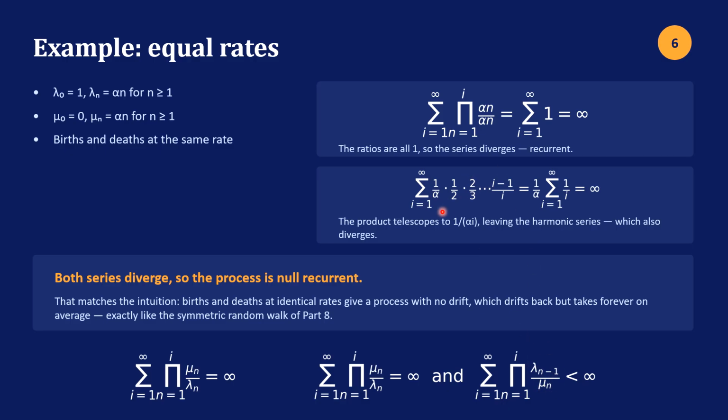And then you notice the 2's cancel, the 3's cancel, the I minus 1 cancels with the term before it. And you just get 1 over alpha, which you can pull out of this summation, and then 1 over I. But this is the harmonic series, which we know is divergent. So this is equal to infinity, which means we have null recurrent for this particular example here.